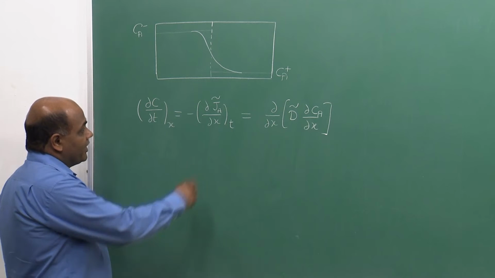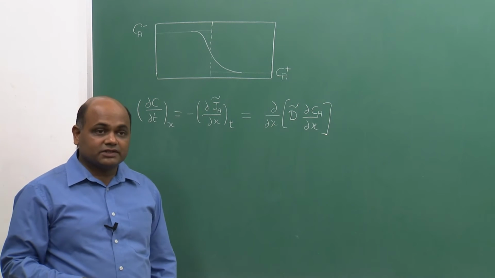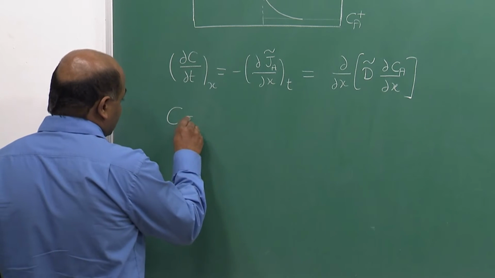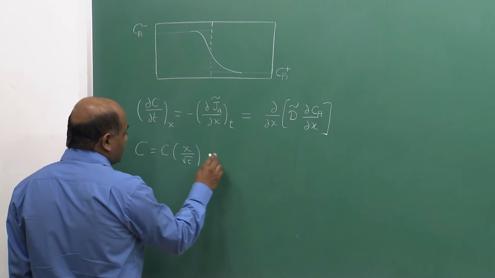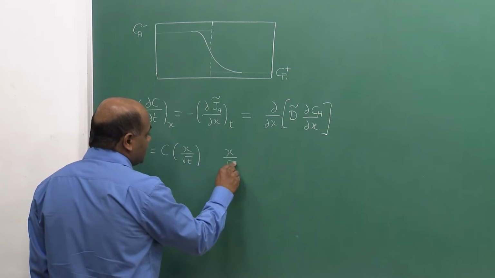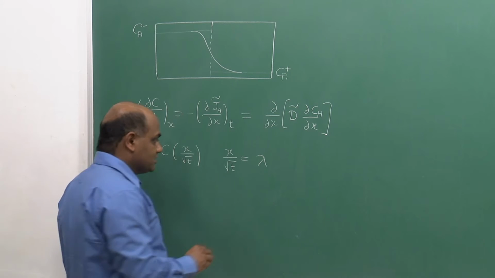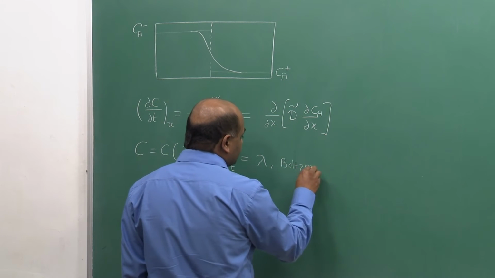We know when D tilde was constant, we solved this equation analytically, and we know that C is a function of x over root t, where x over root t is equal to lambda, which is known as the Boltzmann parameter.